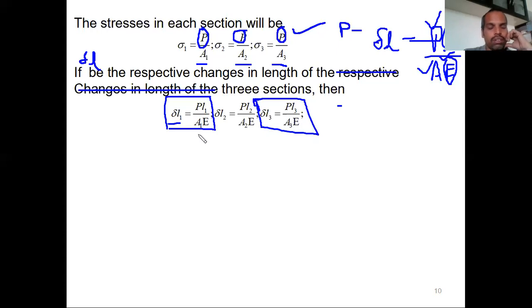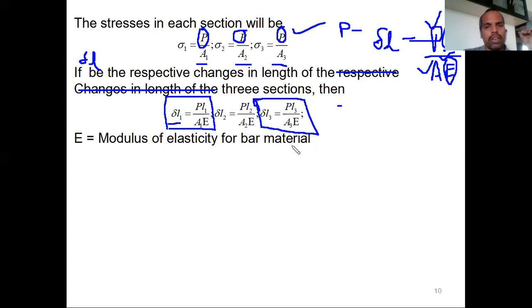Like that you have to calculate the change in length delta L for the different types of members. Now let E be the Young's modulus of the material of the bar. Of course, in this case it is the same. If it is different, then it comes to E1, E2, E3.